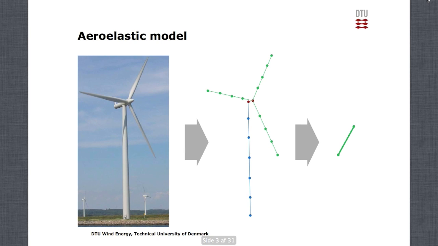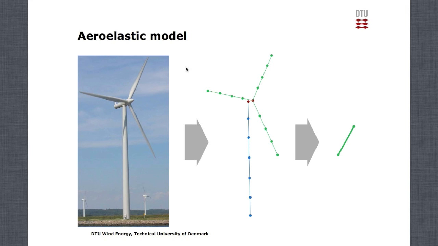The development of BECAS was essentially motivated by a wish from our colleagues running aeroelastic simulations to have a more accurate representation of the blade structural response.